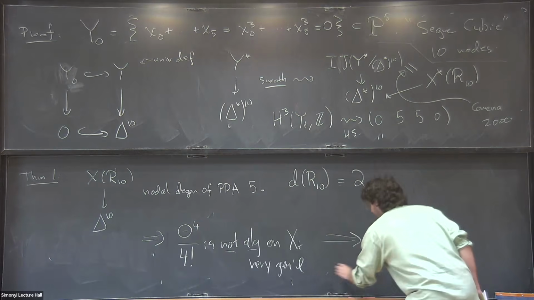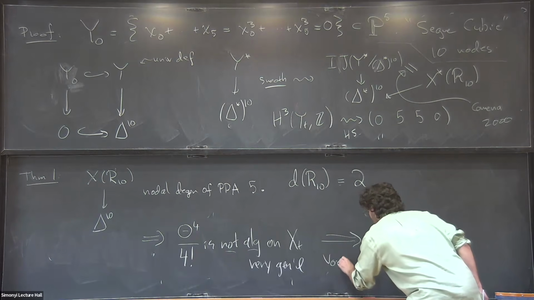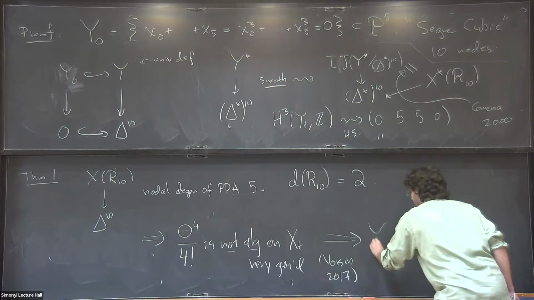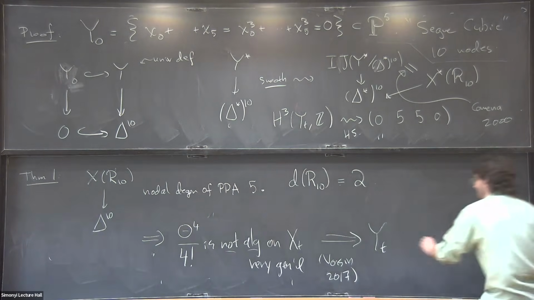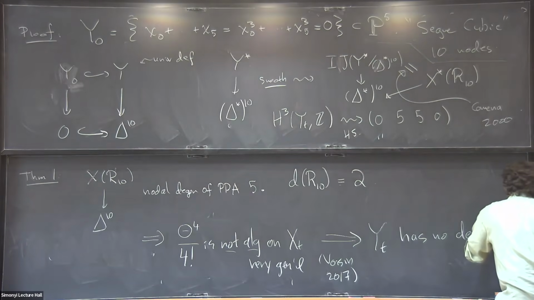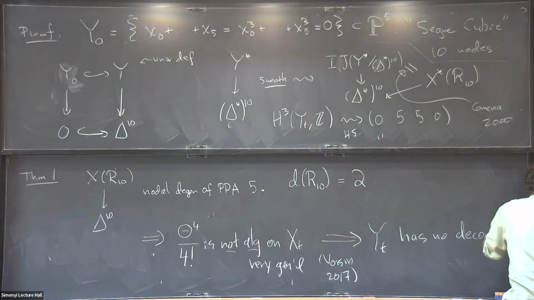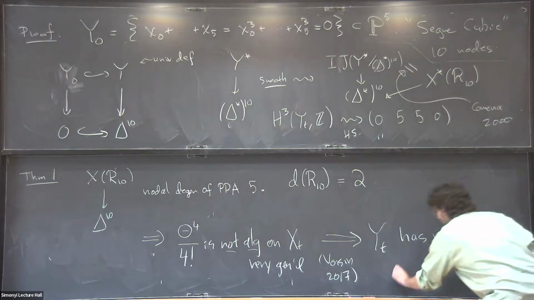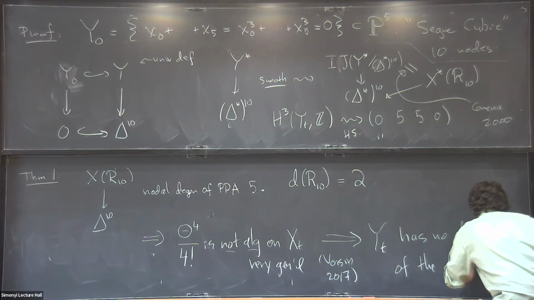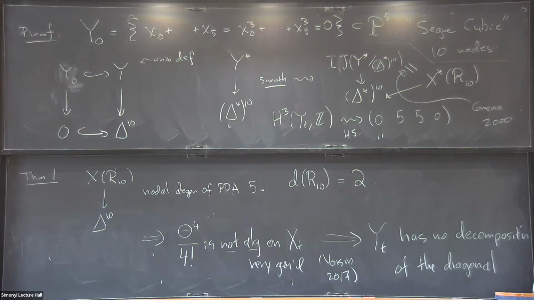But by a theorem due to Voisin in 2017, that implies that the original cubic threefold Y_t has no so-called decomposition of the diagonal. So this is some cycle theoretic criterion.